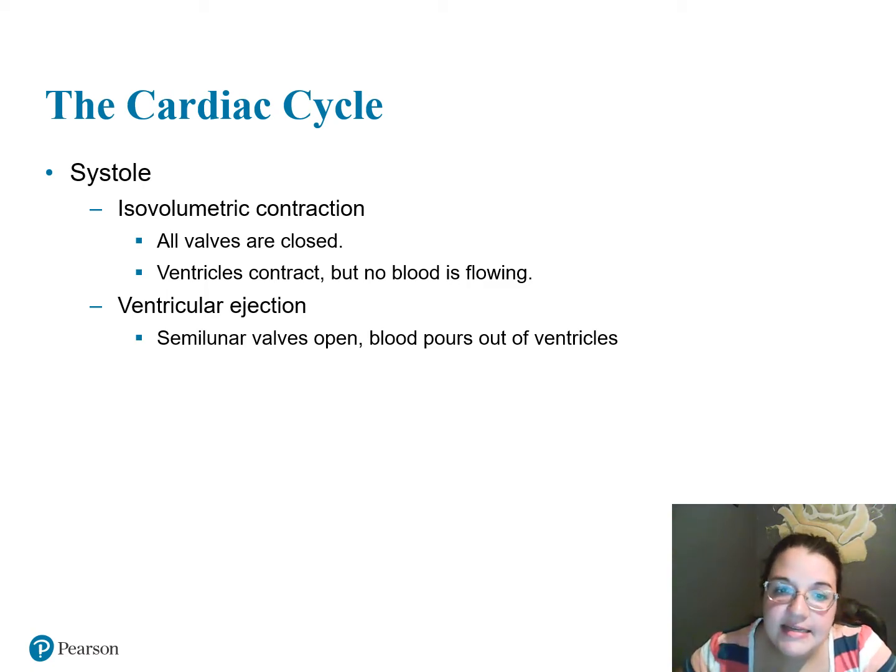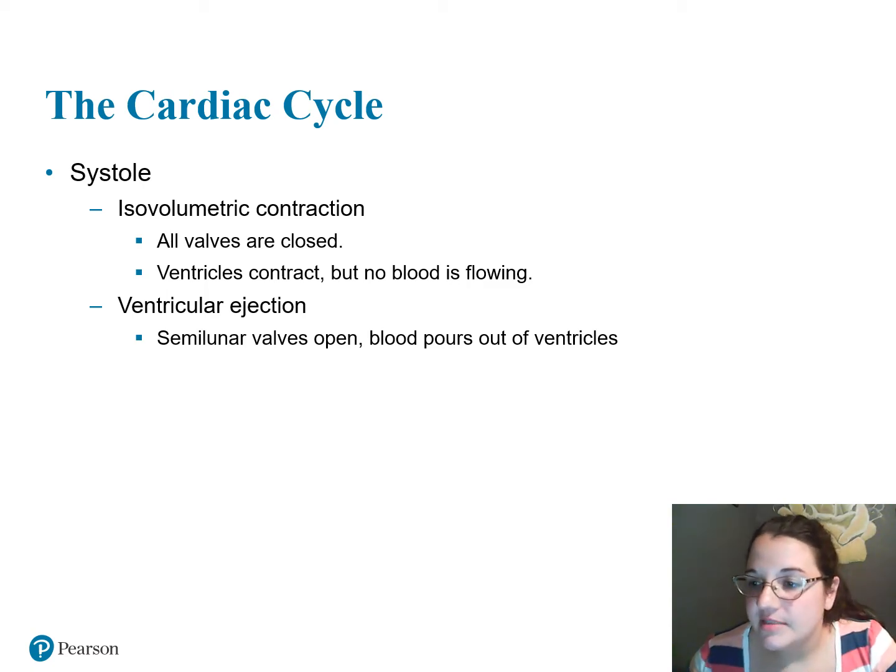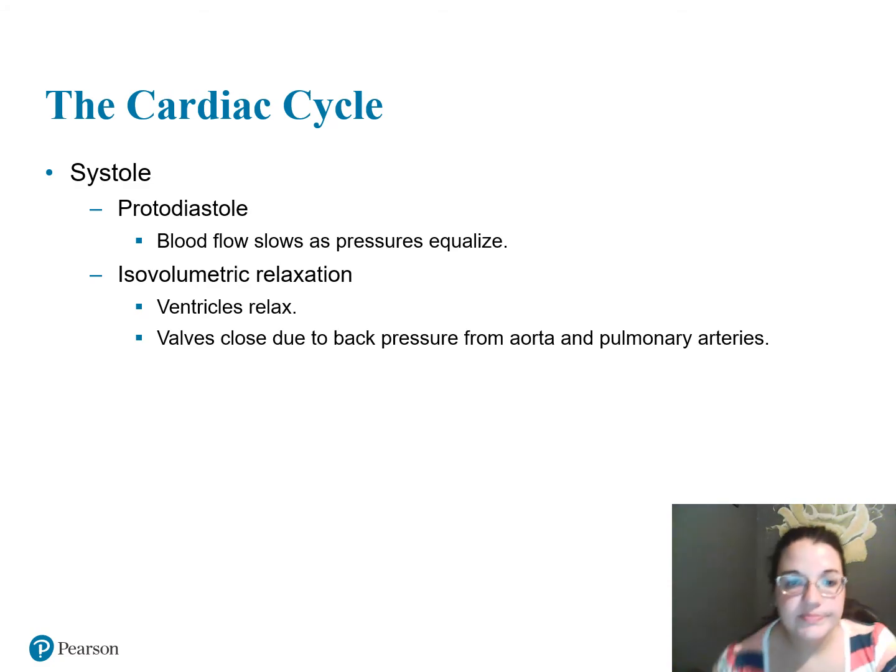So again, systole is when in the isovolumetric contraction, all valve doors are closed and ventricles contract. In the ventricular ejection, semilunar valves open, and blood pours out of your ventricles.